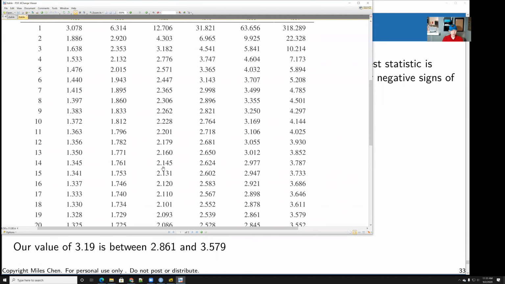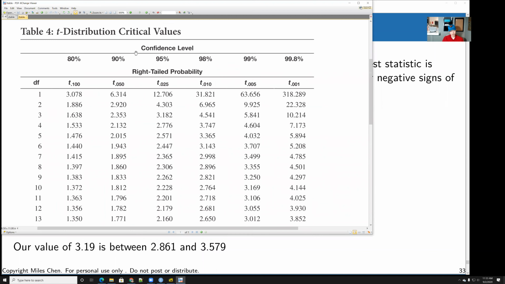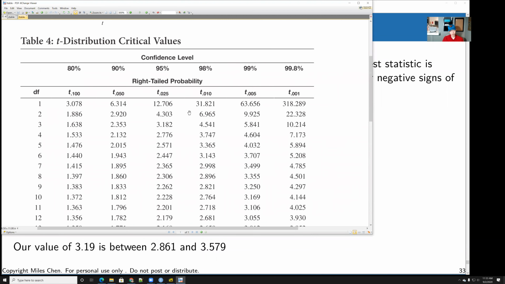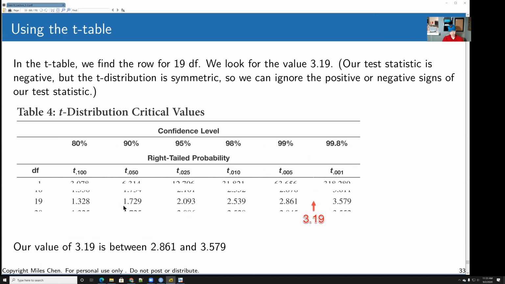What I've done is taken this row. These are the headings up here, and I've isolated this row with 19 degrees of freedom. So it's 1.328, 1.729, and so on. This row with 19 degrees of freedom shows up right here, and our test statistic is negative 3.19.